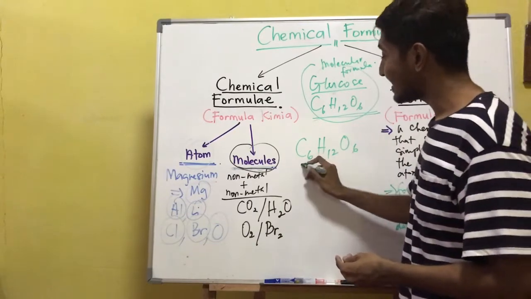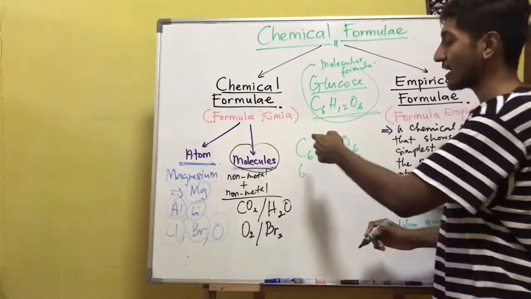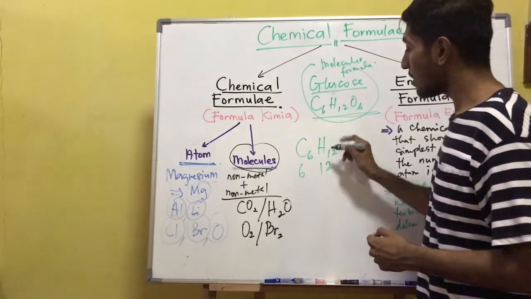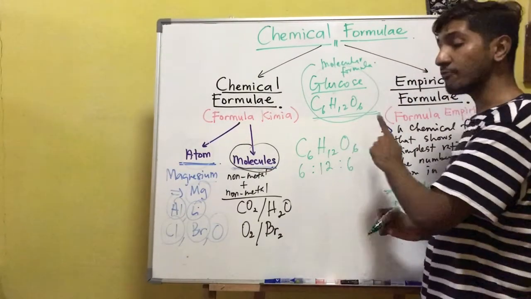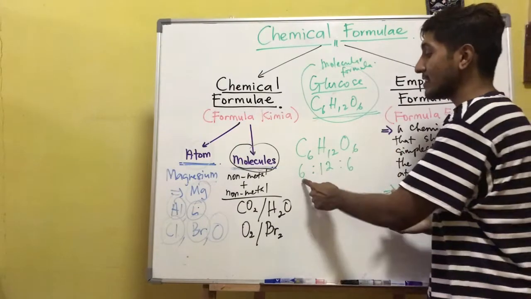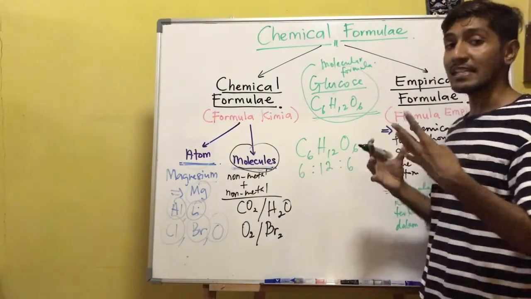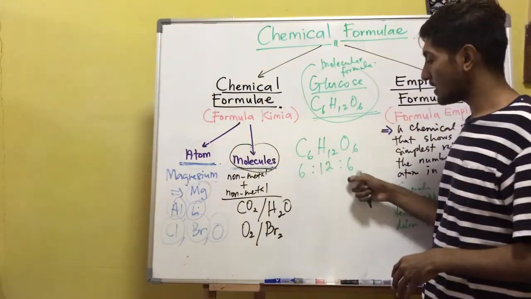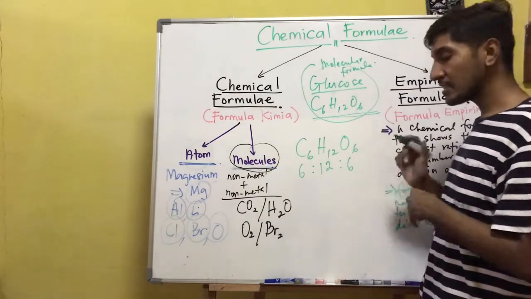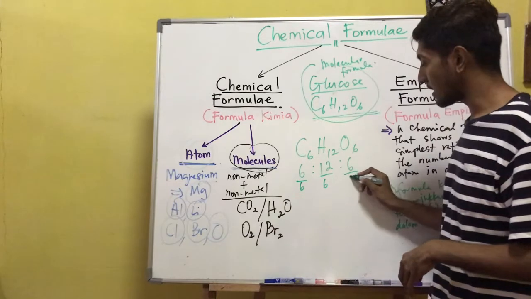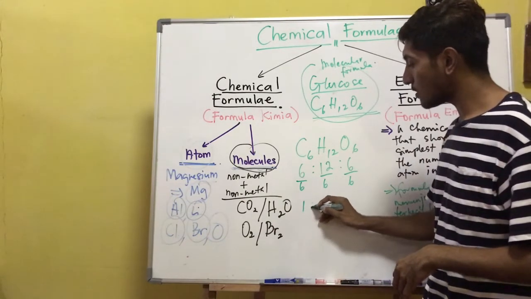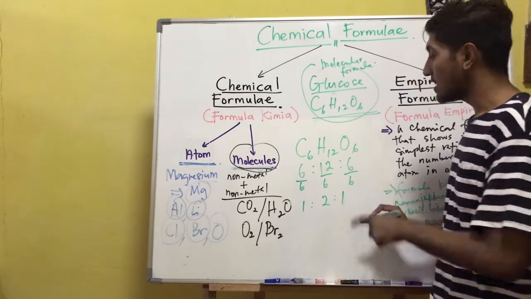So kita ada 6 C, we have 6 carbon, we have 12 hydrogen and 6 oxygen. So by far the ratio is 6 to 12 to 6. So nisbah ni ialah 6, 12 dan 6. So apakah nisbah yang terkecil kita boleh hasilkan? Ini kita boleh bagikan dengan 6, bagikan dengan 6, bagi dengan 6. So dia akan jadi 1 kepada 2 kepada 1.